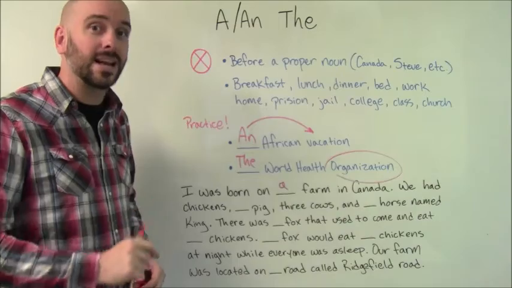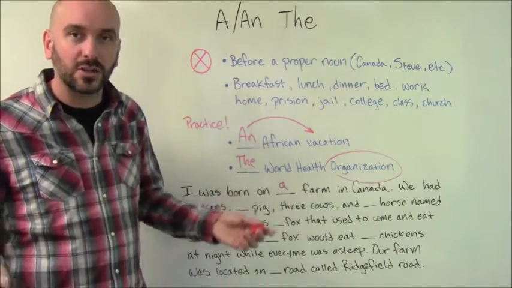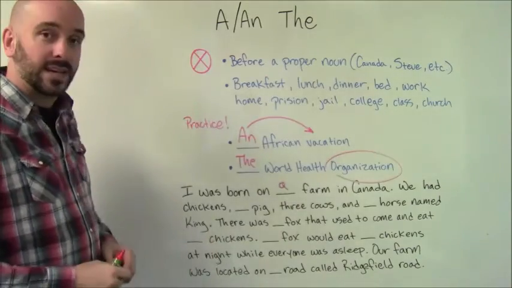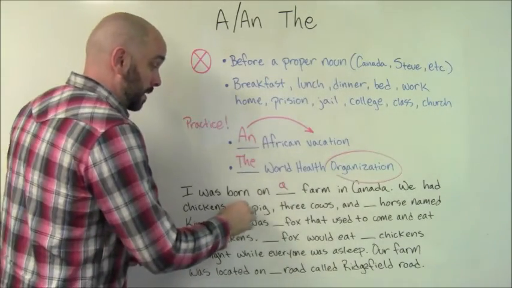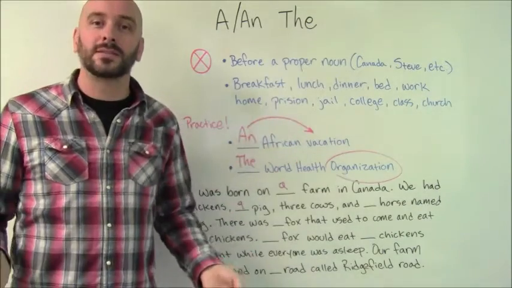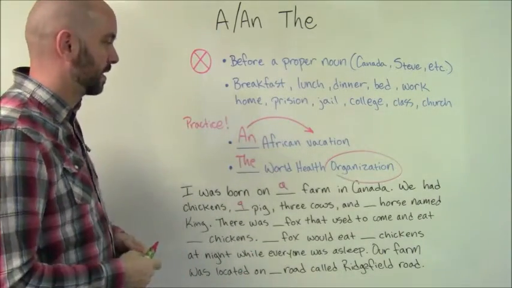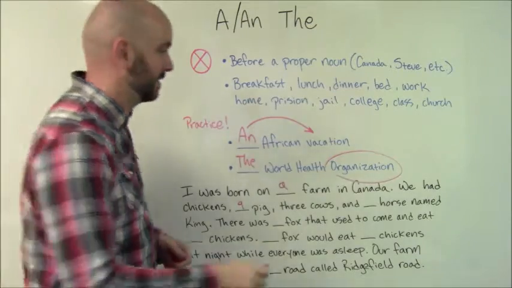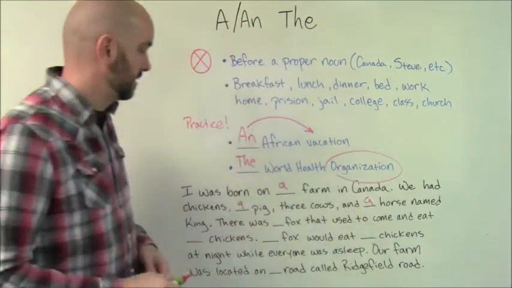Now that we've highlighted that farm, we can start to use the. We had chickens, a pig, again, because there are many pigs. We had one of them. 3 cows and, that's right, a horse named King.